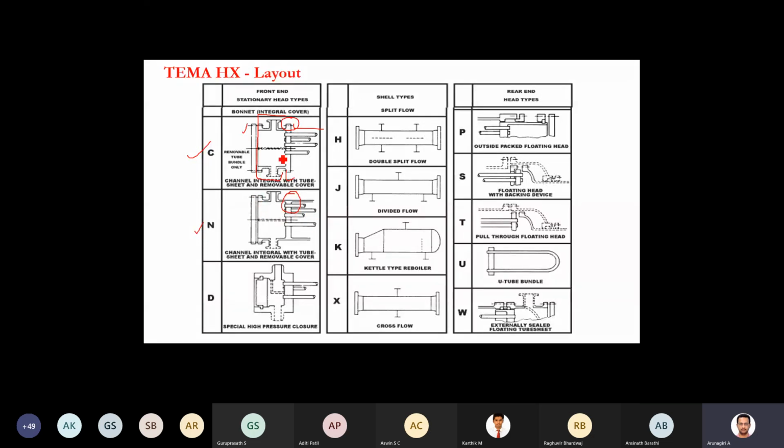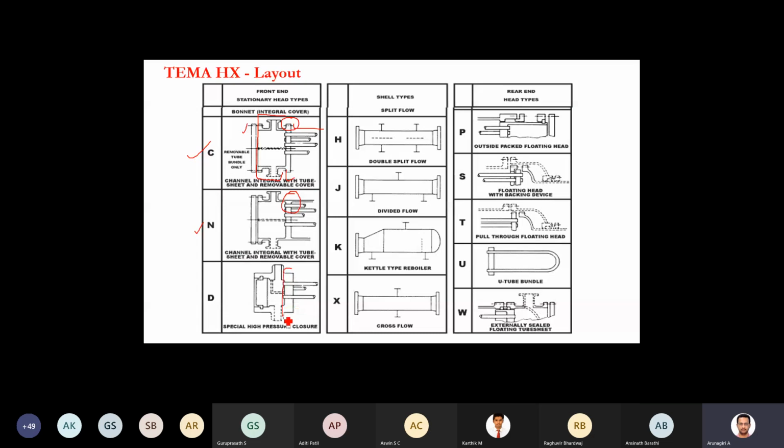You cannot remove or disconnect this channel from the cell, because this channel is welded with the tube sheet, and the tube sheet is welded with your cell. Again, this is a modification. Then the last case is a special type of closure normally used for high pressure conditions, because if you see the thickness, it is bigger.